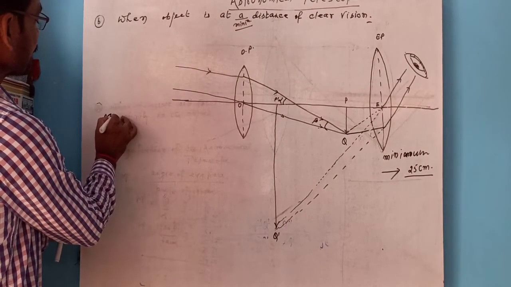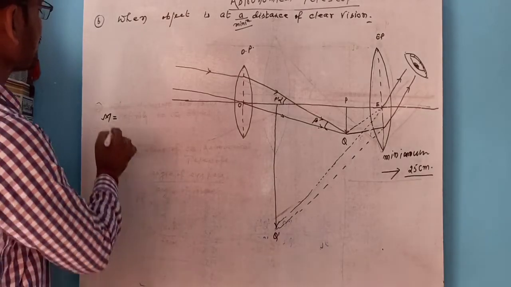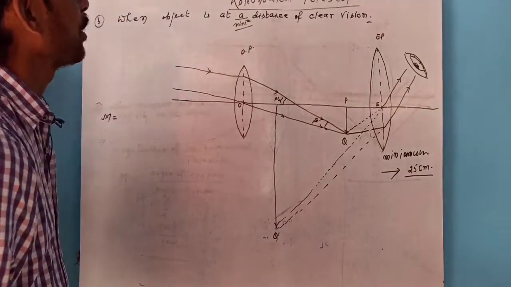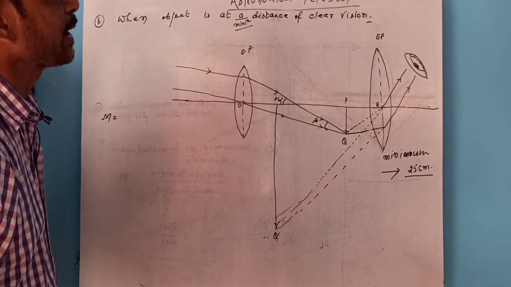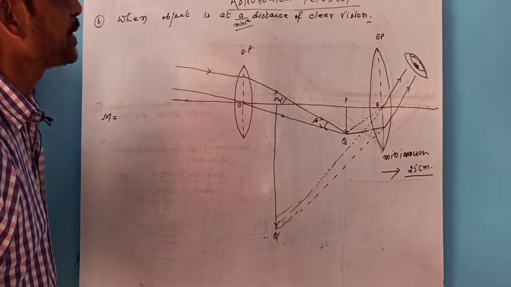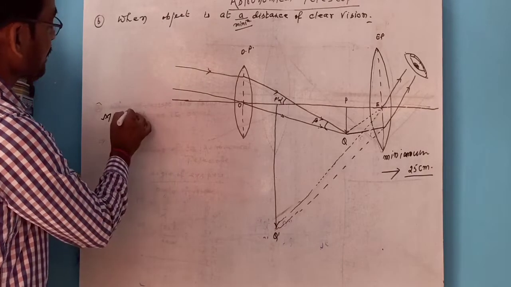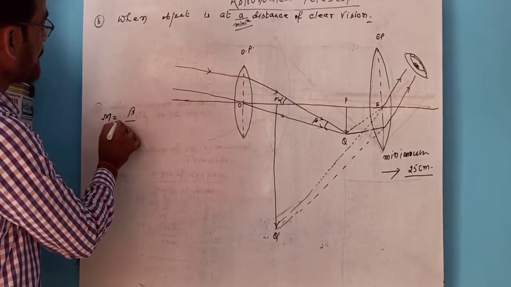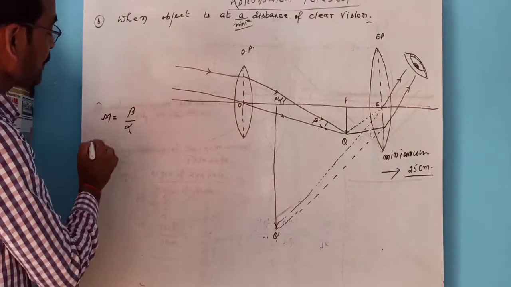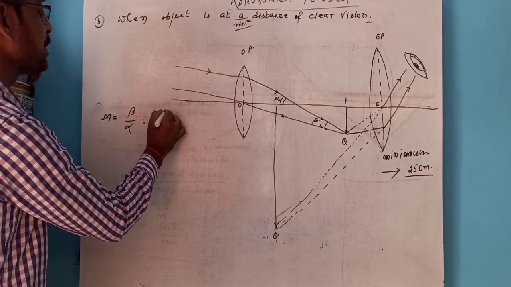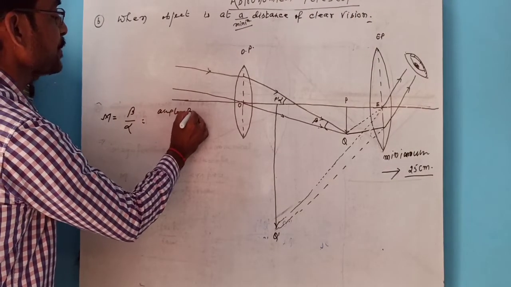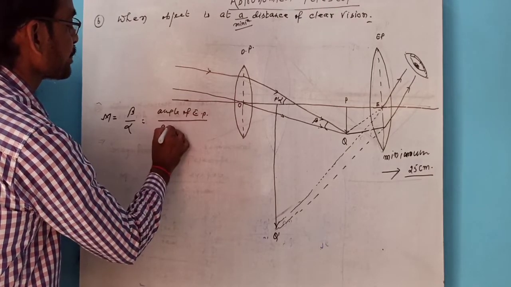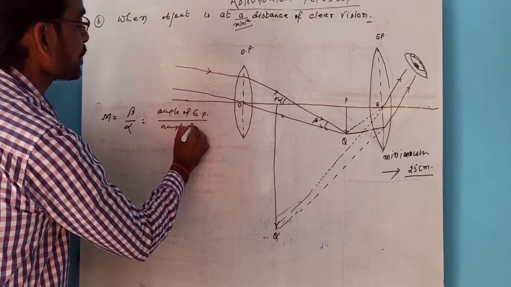As you know, the angles alpha and beta, the angle of the objective piece and the angle of the eyepiece, are very small, so it can be written as m is equal to beta by alpha, that is, the angle of the eyepiece upon the angle of the objective piece.